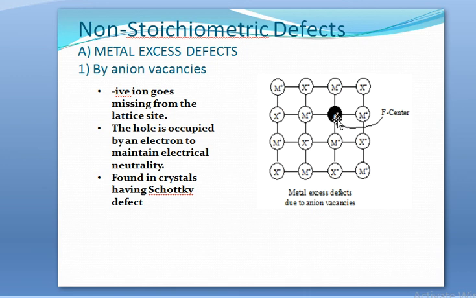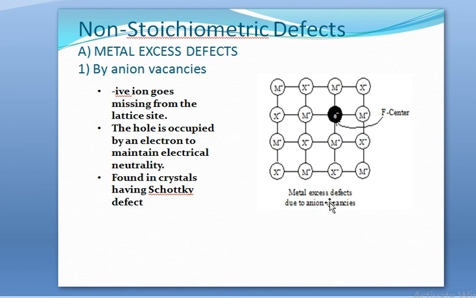So because of these F centers, these solids which have anion vacancies, which lead to metal excess defect, which is a non-stoichiometric defect, they have a certain color depending on which crystal this is. Like sodium chloride का crystal अगर आप लेंगे and आप उसको heat करेंगे in the vapors of sodium itself, this defect takes place in that crystal lattice of NaCl, and this defect imparts a yellow color to that crystal.